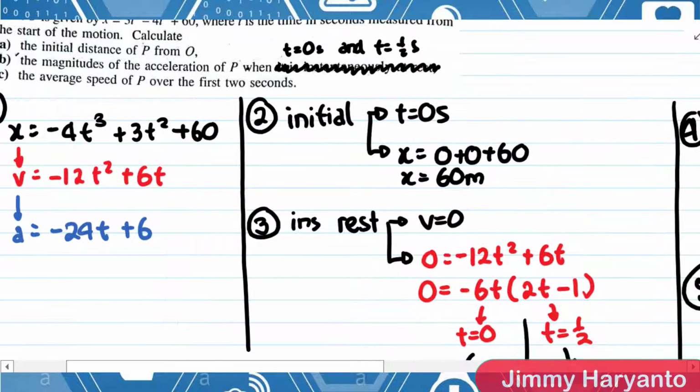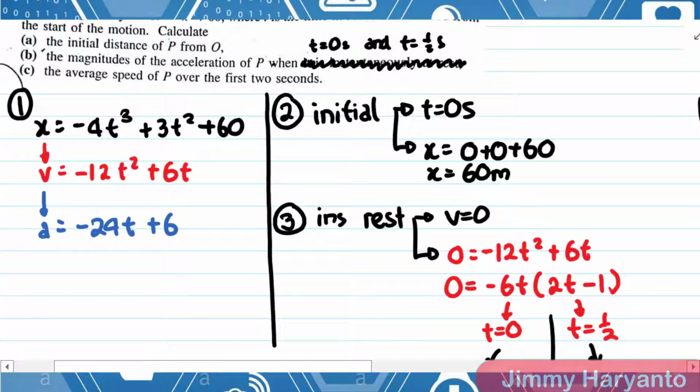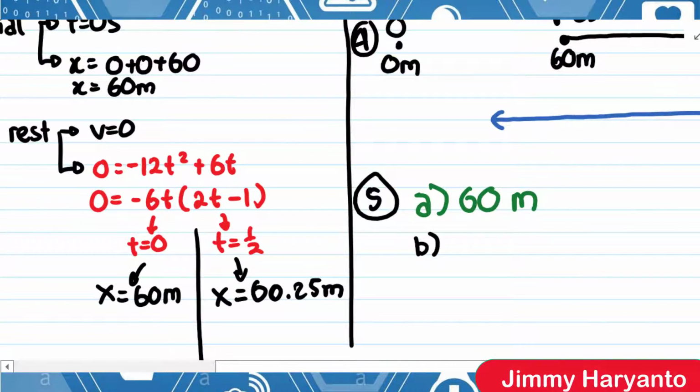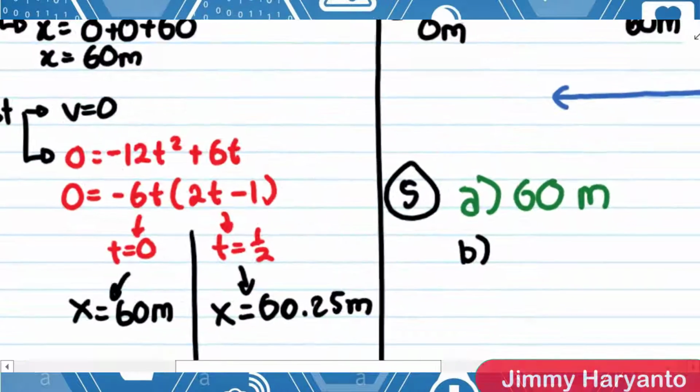That means we have to find the acceleration for those specific times. So I will rewrite the acceleration equation: negative 24t plus 6.